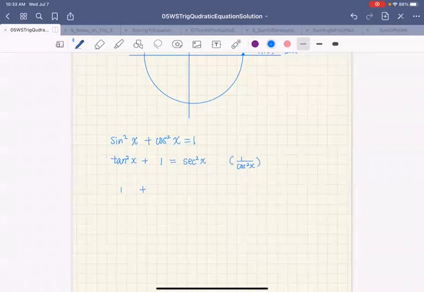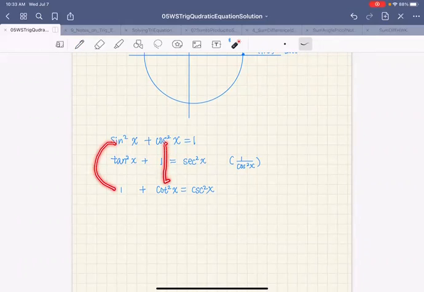Cosine over sine is cotangent, so this is cotangent square. 1 divided by sine is cosecant. This divided by sine is 1, this divided by sine is cotangent, and this divided by sine is cosecant. So this becomes 1 over sine square x.